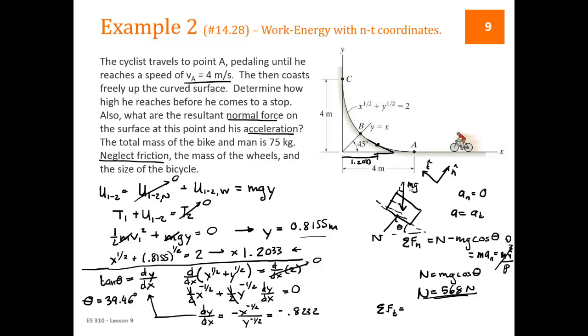The tangential force is the only force that's acting tangentially, part of the gravity, part of the weight. So we get that mg sine of theta is going to equal the mass times the tangential acceleration. Masses cancel, so the acceleration is equal to the tangential acceleration, which is equal to, if we plug things in, 6.23, and the units are meters per second squared.